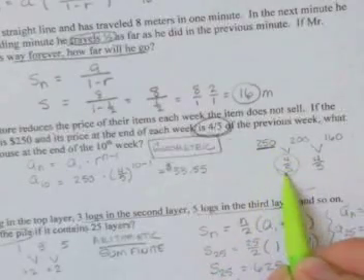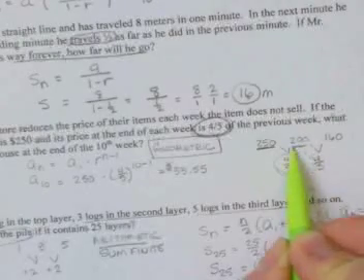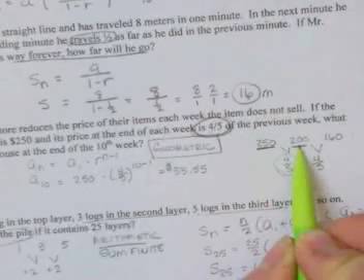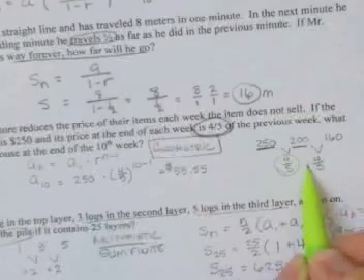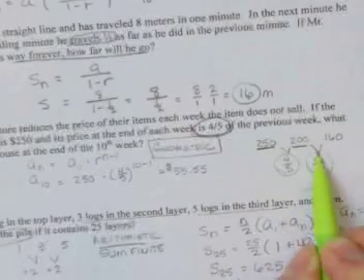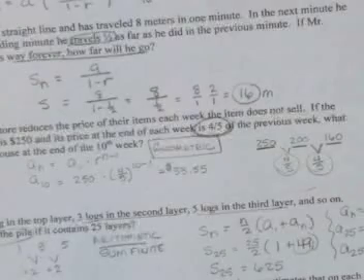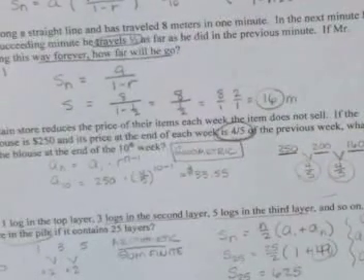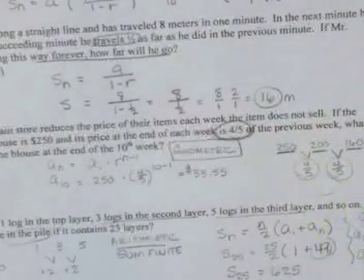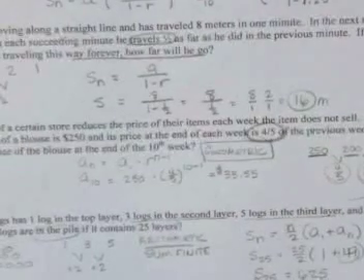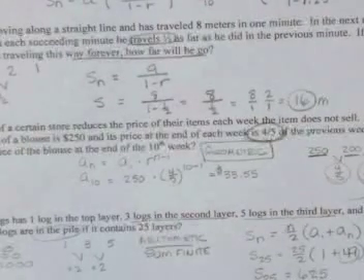And if I multiply that times 4/5, at the end of the first week, it would be reduced to $200. And then again, at the end of the second week, it would be reduced to $160 and so forth. So that tells me clearly that I'm multiplying by 4/5 each time. And since I'm multiplying, I have a geometric sequence.